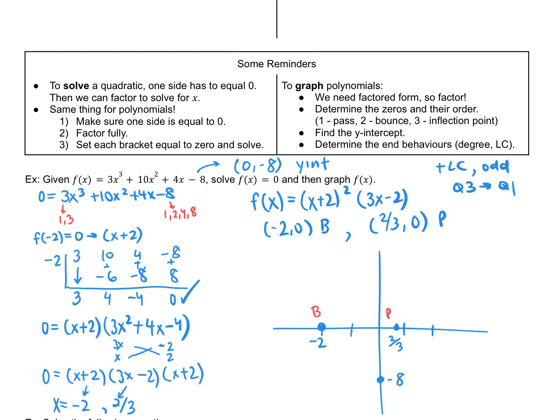And we have to start in quadrant 3. So I start here, I'll bounce off, I'll go through my y-intercept, and then I'll pass through. And there's my graphing. Same graphing, it's just now we have to turn our standard form into factored form to get to the same place.